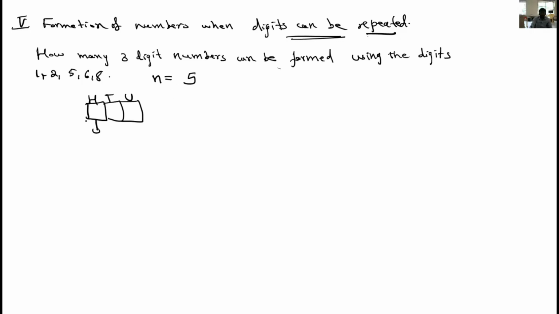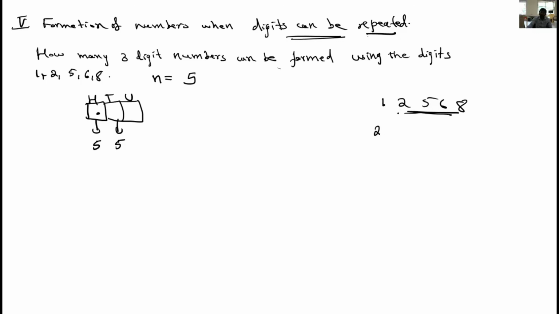5 numbers are there, you can use any of the 5 numbers in the hundreds place. Okay. Then for the tens place also 5 numbers are available. Suppose 1, 2, 5, 6, 8 is there, in the first you are using 2. Then how many numbers actually remain? 4 numbers are remaining.